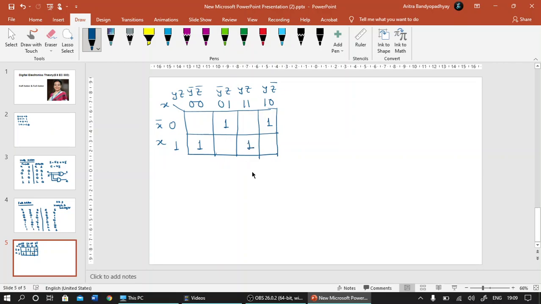So we can write sum S equal to x complement y complement z plus x complement y z complement plus x y complement z complement plus x y z. Similarly, if we draw the map for carry, it will be like this.